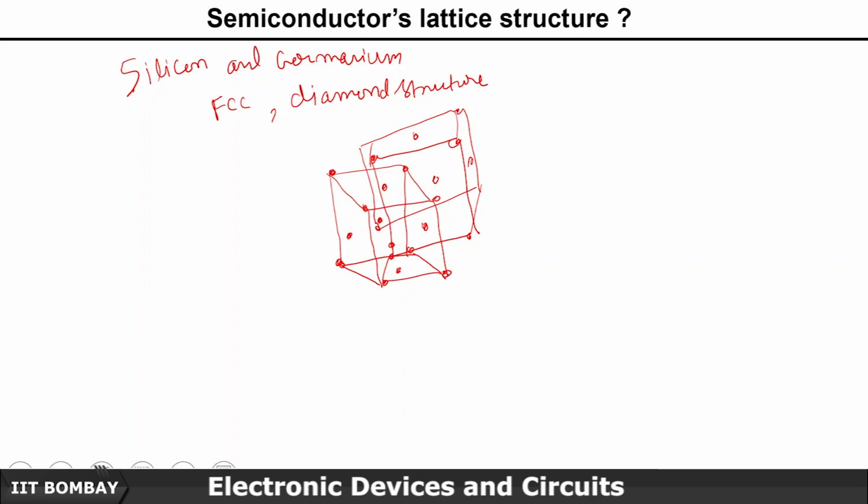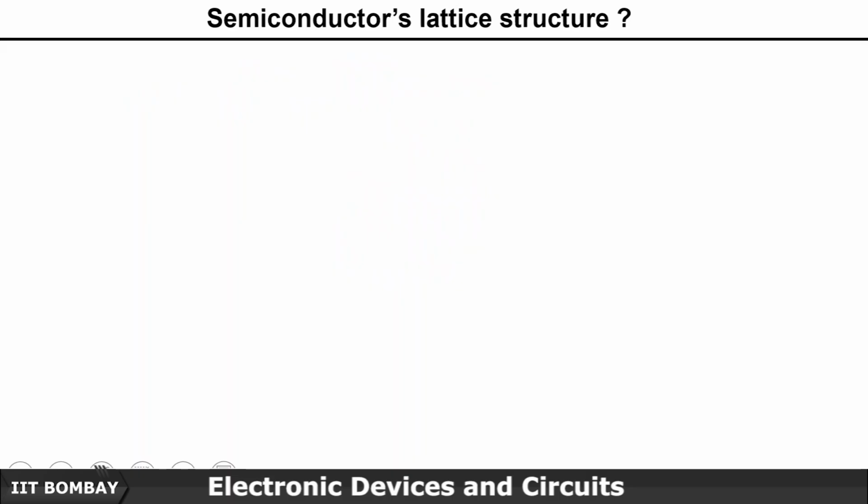So this is the structure of the FCC, and similarly most of these 3-5 compound semiconductors we have talked about, let's say gallium arsenide, have a similar structure, which is known as zinc blende. In the zinc blende lattice, one FCC sublattice has the column 3 atoms, which is gallium, and the other has arsenic, group 5 or column 5.